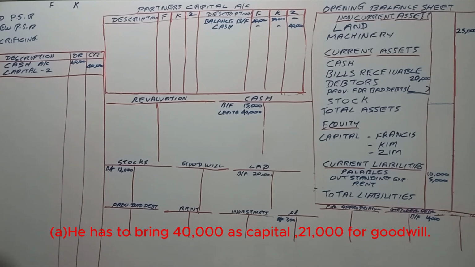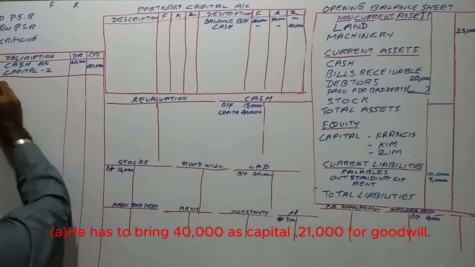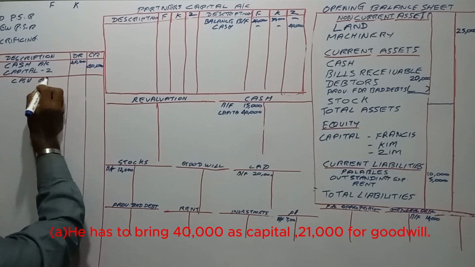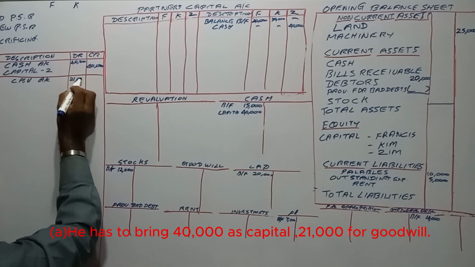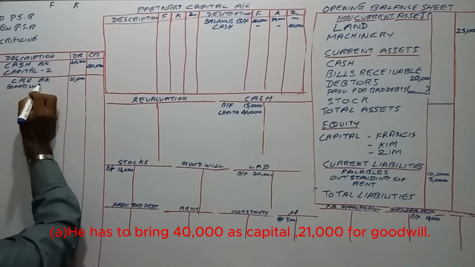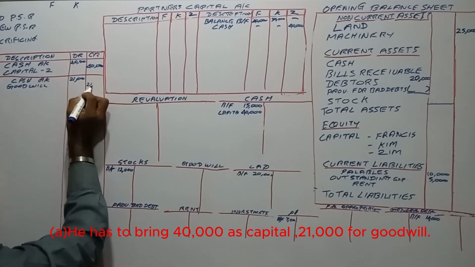So 21,000 goodwill. Goodwill account: cash account debit 21,000, goodwill account credit 21,000.